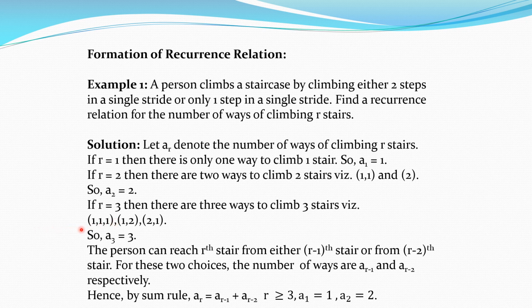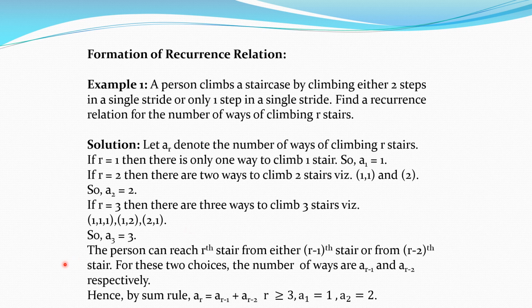Another way is that he first climbs two steps in a single stride to the second step, and after that one step, so it is 2 comma 1. So these are three different ways to climb three stairs. So A3 equals 3.